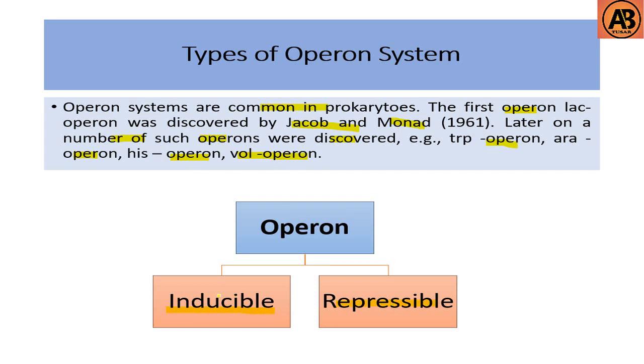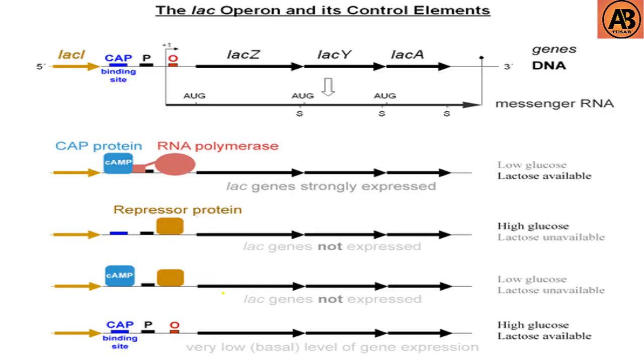So let's go to the inducible operon system. Here we can see the picture of the inducible operon system, and this is a Lac gene, then CAP binding site, promoter, then structural gene, and this is the messenger RNA.